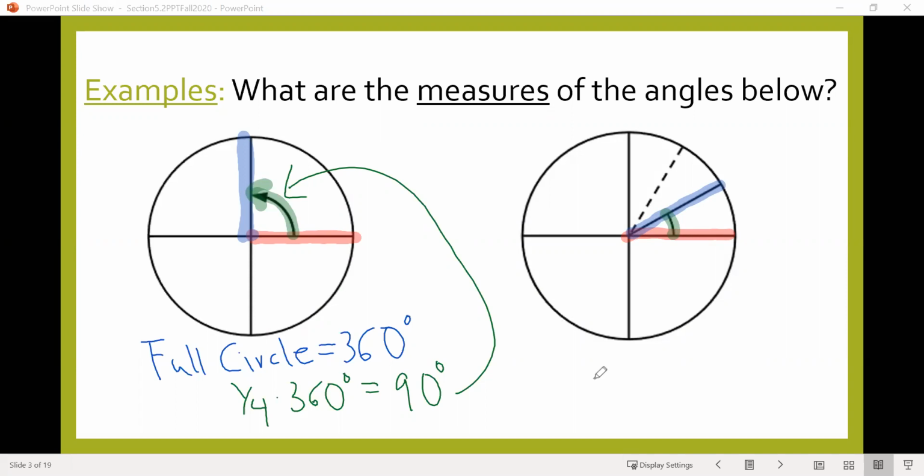So we know, for example, that this whole measure along here, that's 90 degrees. And it looks like this 90 degree angle has been divided into 3 separate pieces that are all the same. So if we take 90 degrees and divide it by 3, I think we'll see the measure of this angle here is 30 degrees. All right. Good stuff.